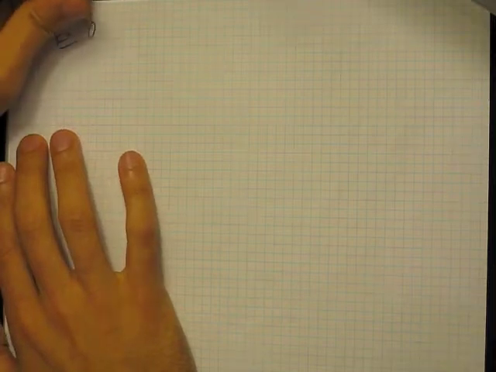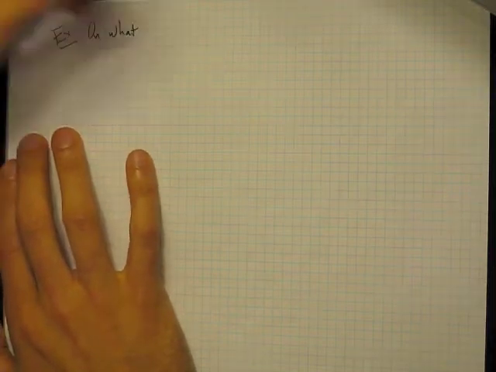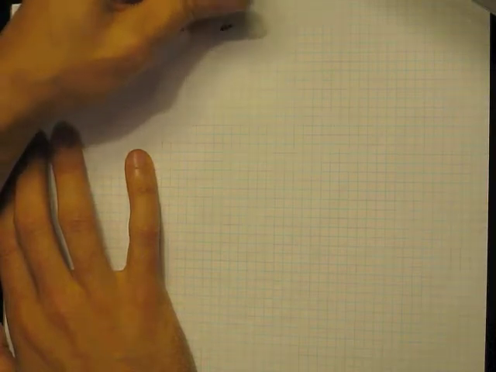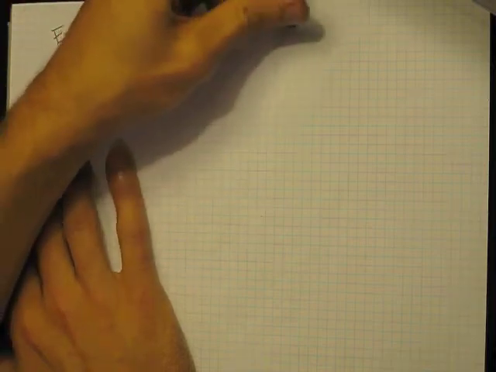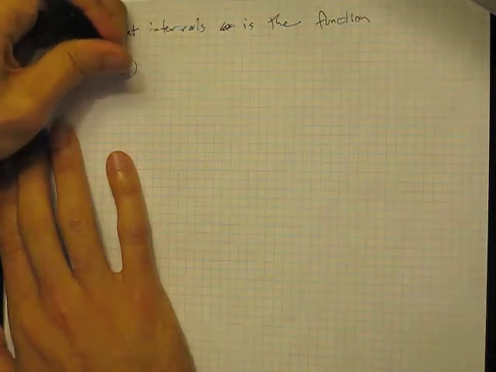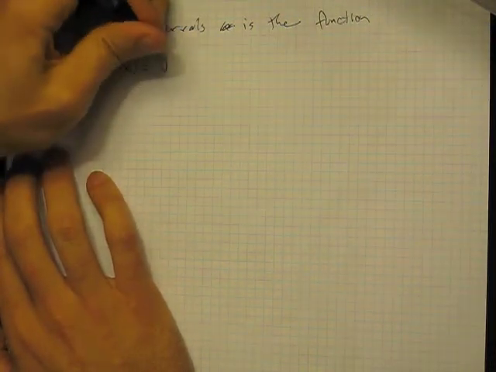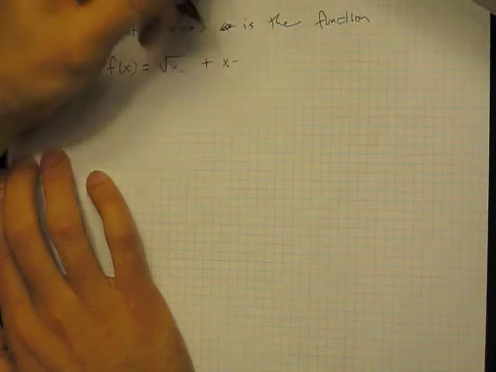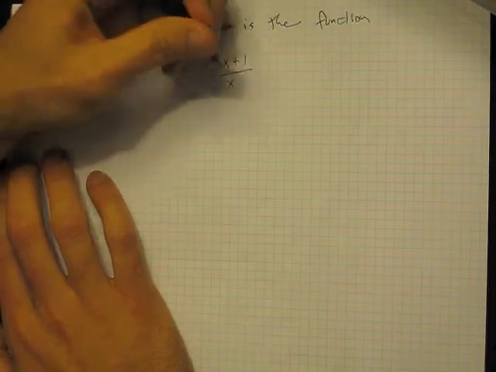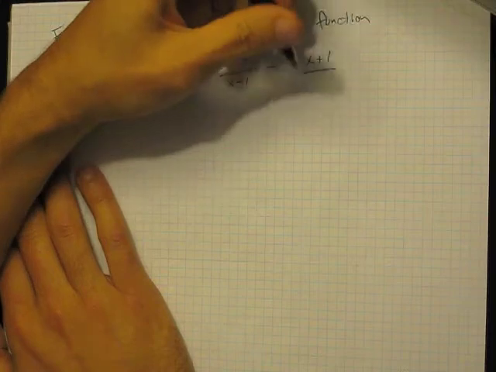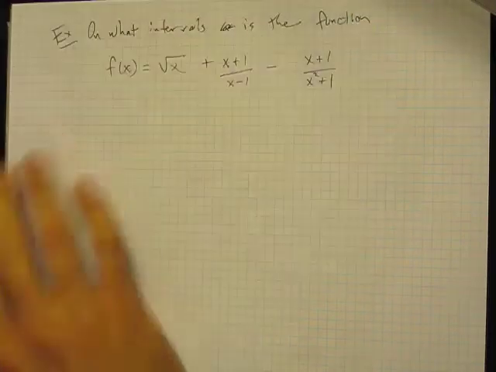So let's do an example. On what intervals is the function, let's say f of x is the square root of x plus x plus 1 over x minus 1, and then minus x plus 1 over x squared plus 1.